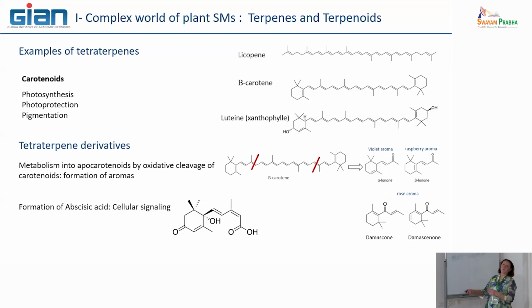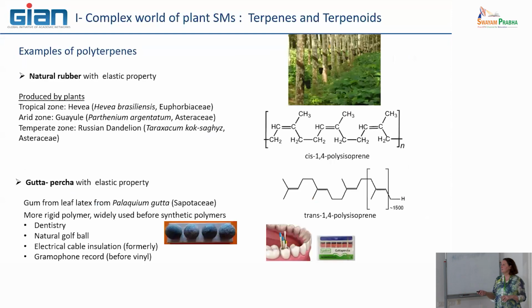And finally, the polyterpenes. Still today, natural rubber is collected from Hevea brasiliensis, the tropical tree. You can see now it's completely regulated. There are plantations dedicated to this, so there is not the risk of rarefaction of the plant.